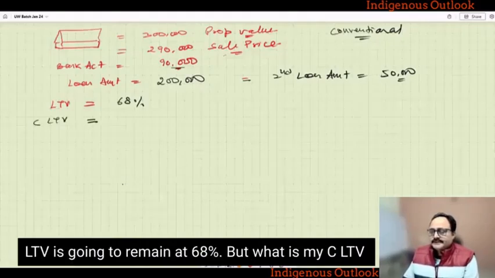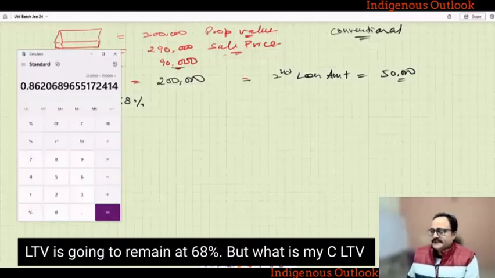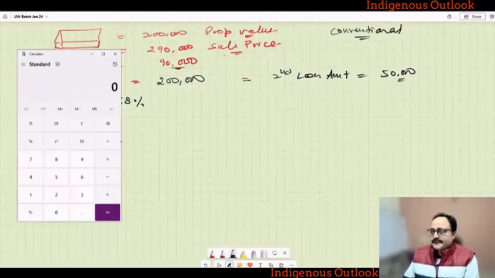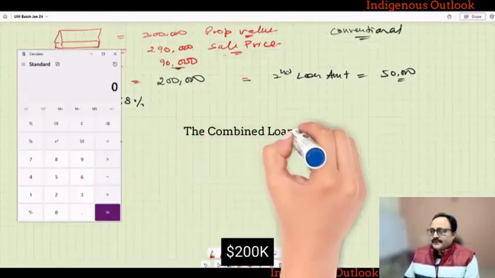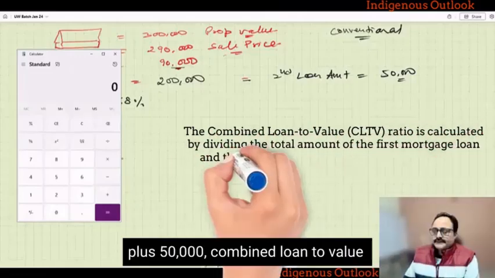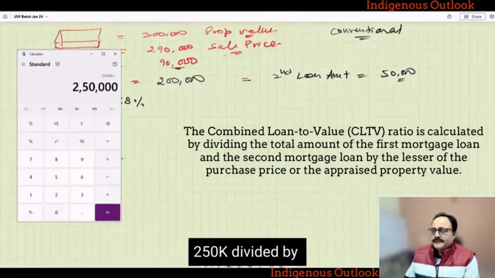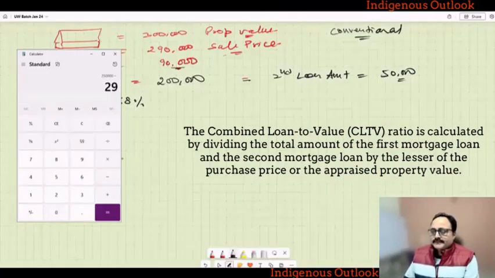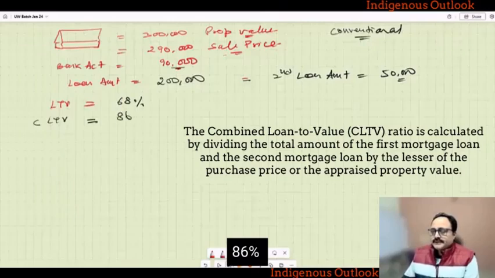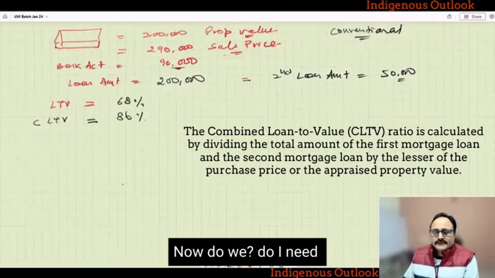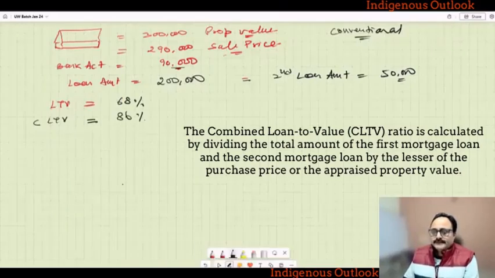LTV is going to remain 68%. But what is my CLTV? 200 plus 50, 250,000. Combined loan to value is 250 divided by 290, which is 86.86%.